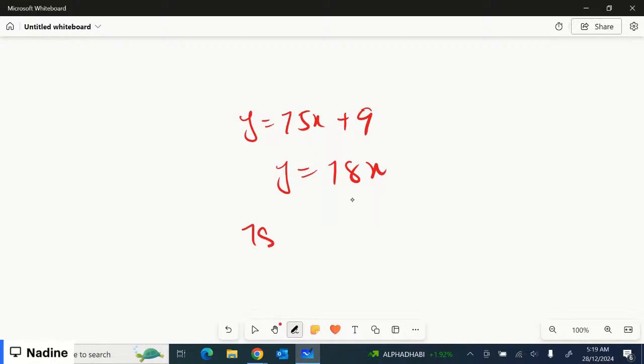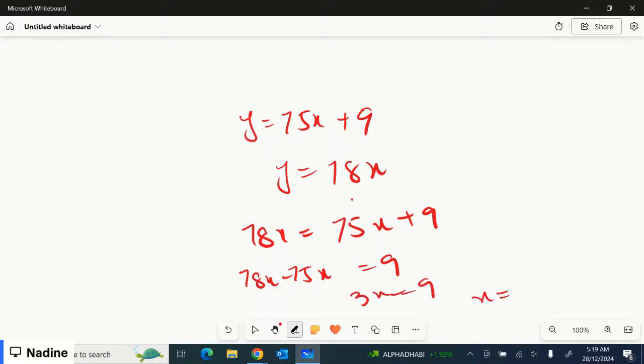So that is 78x equals 75x plus 9. 78x minus 75x equals 9, that is 3x equals 9 and x equals 3.